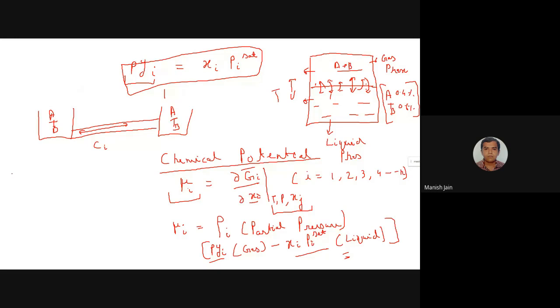P is the total pressure. yi is the mole fraction of component i in gas. xi is the mole fraction of component i in liquid.